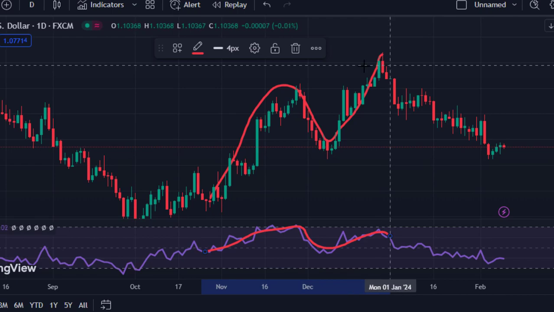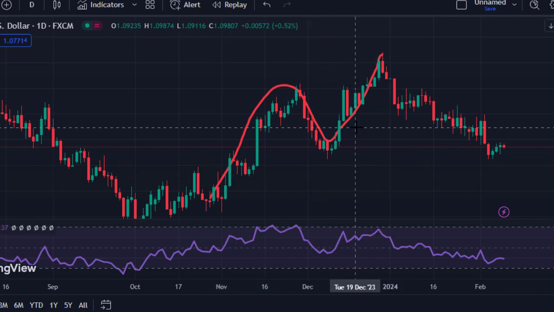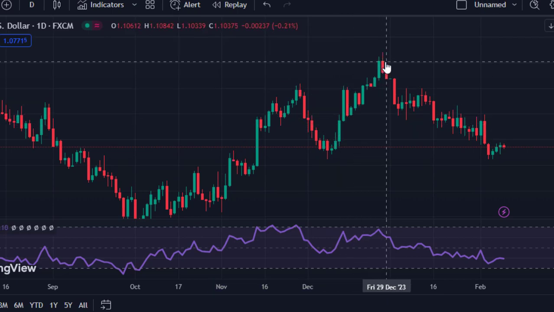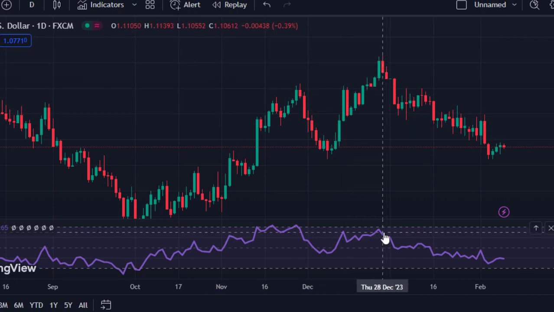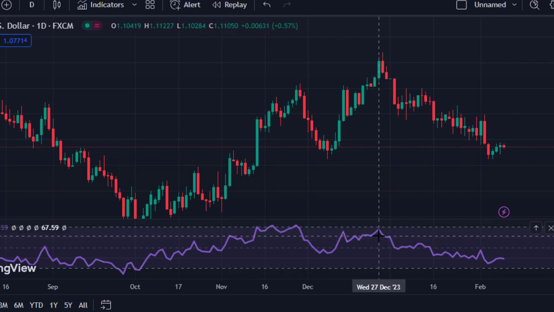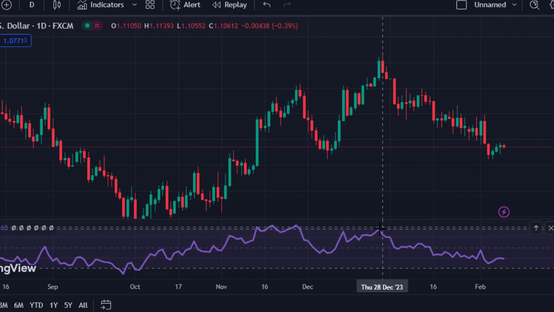Now, what this means is that there is low momentum, in as much as we are seeing high momentum on the price chart to the upside, but the indicator is signaling us about a potential move to the downside, and that is why the indicator did not enter into the overbought condition again at this very point.